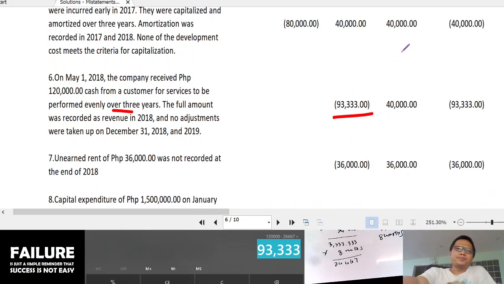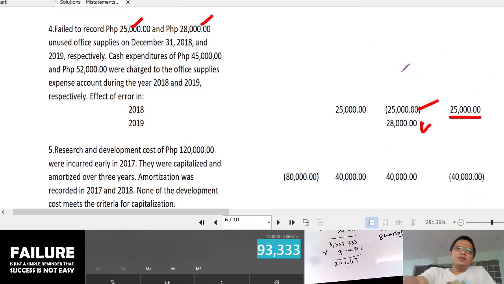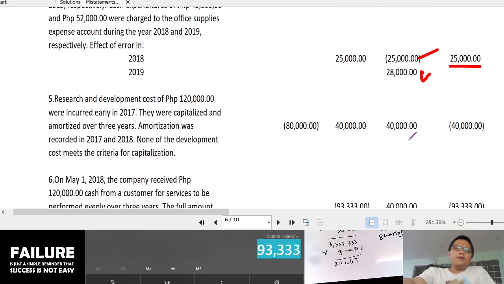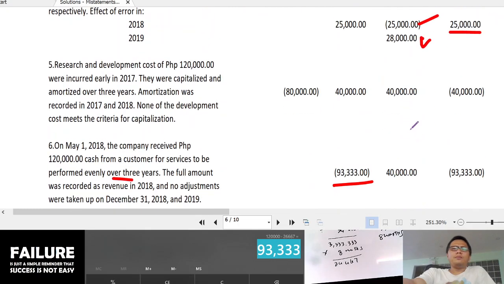Next. In 2019, yung effect nito is that, obviously, wala tayong ni-recognize na income nito because it was fully recognized in 2018. Which, ang effect nito is that it will understate your net income by 40,000. So, paano yan kinuha yung 40,000?